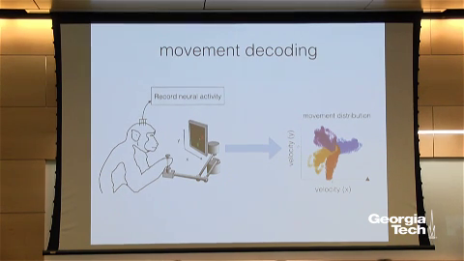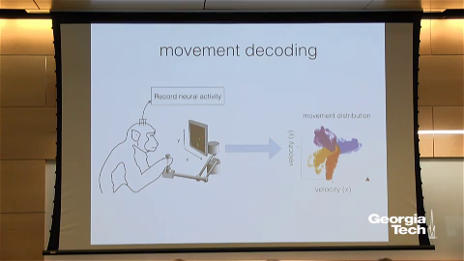They're basically sitting with their hand on a lever. There's a screen in front of them that displays a given target for them to reach towards. One of 8 different targets will be displayed on the screen, and then the monkey will make a reach towards one of those targets. While this subject is moving towards different targets in space, we're recording the neural activity.